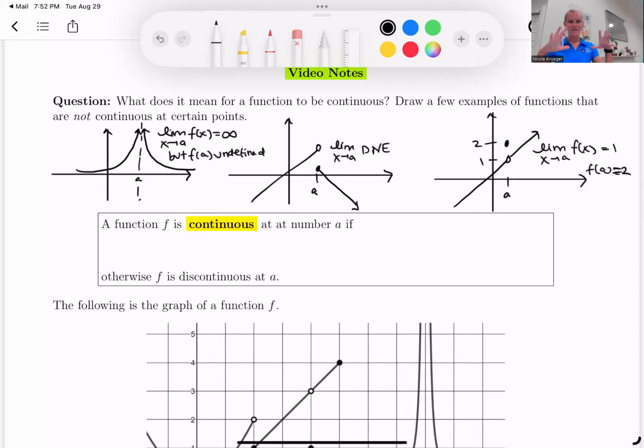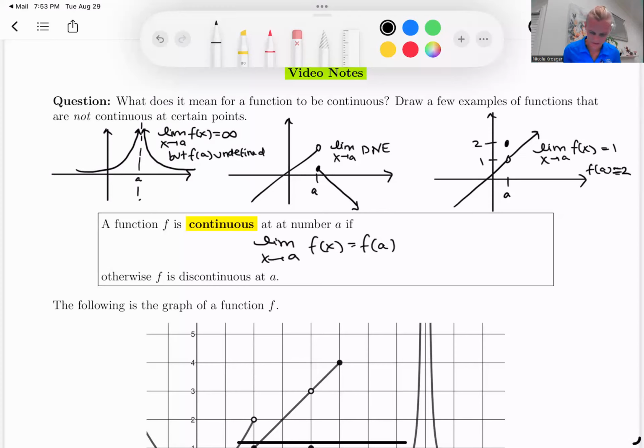So if the value of the limit agrees with the value of the function, then our function's continuous. But if the value of the function and the value of the limit are not the same, then our function's discontinuous. So we say a function's continuous if the limit as x approaches a of f of x equals f of a.